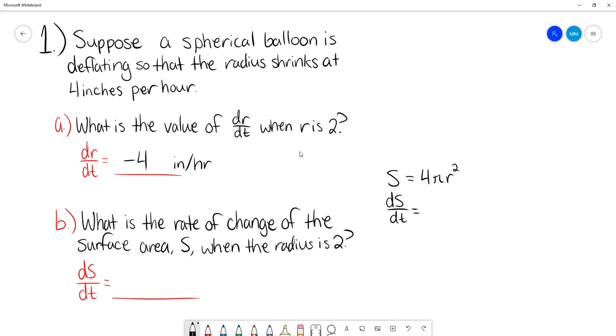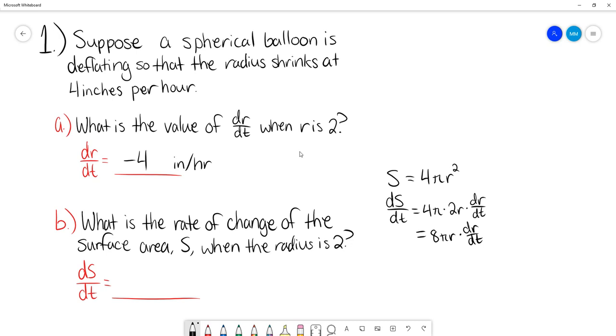I know the derivative of r squared is 2r, and since this is with respect to t, I'm also going to multiply that by dr/dt. I'm just going to rewrite that for convenience's sake. I'm going to put that 2 and combine it with the 4. So 2 times 4 is 8. So it's 8 pi r dr/dt.